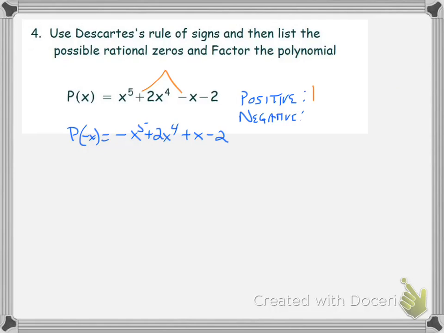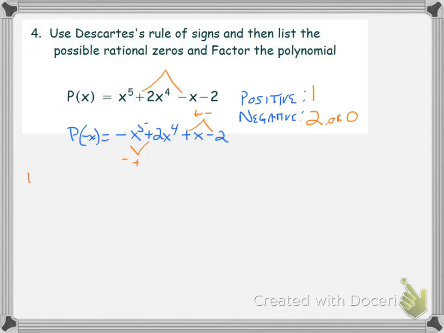So that means I have one sign change here and another one here. So that's going to be 2 or 0 negative real roots. So I'm going to go ahead and check.